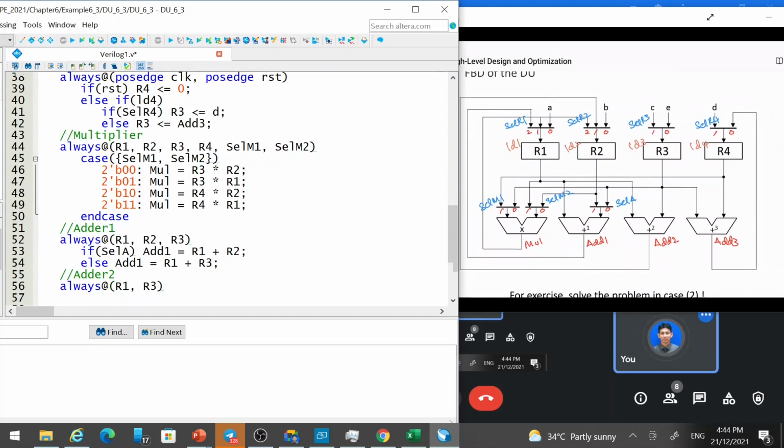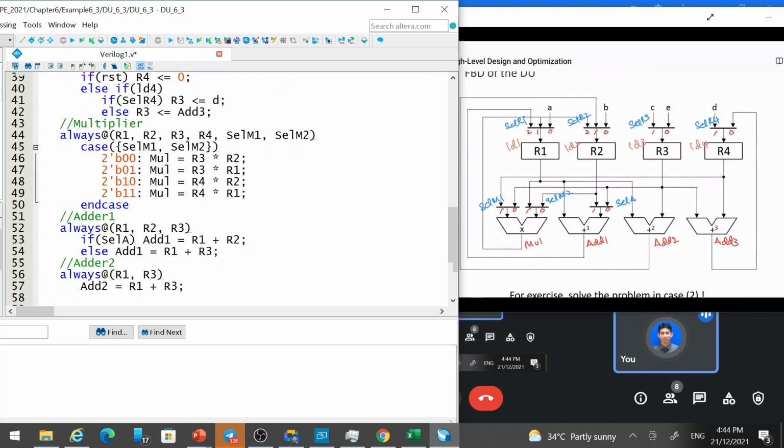The output ADD2 is equal to R1 plus R3. And we have another one. Use a different always block, because we want to execute these in parallel.